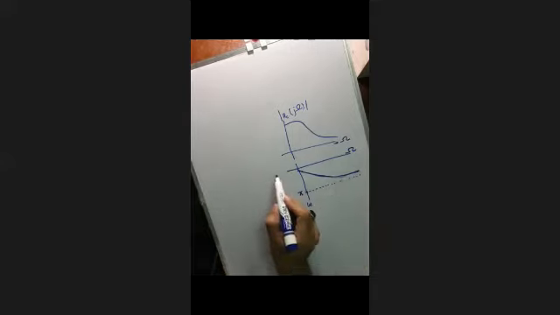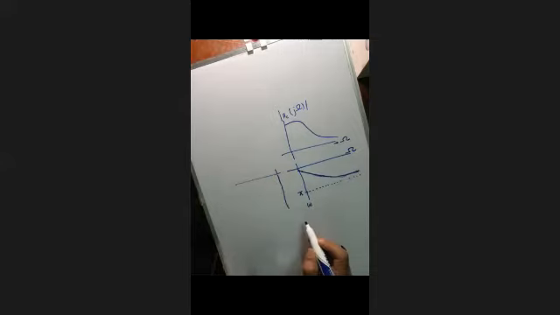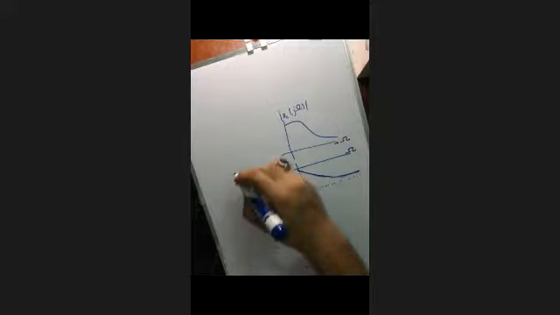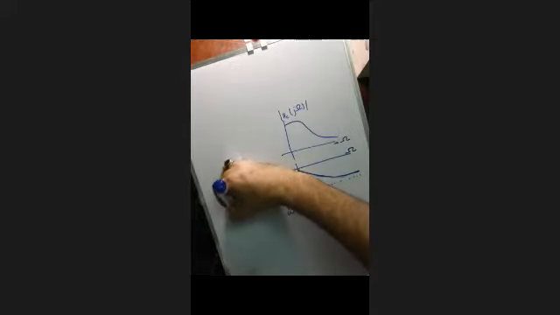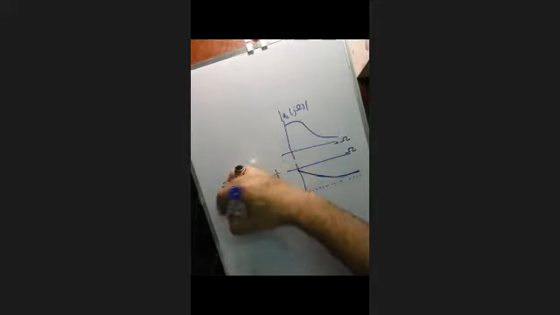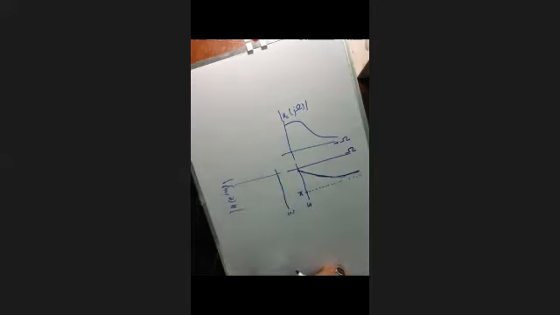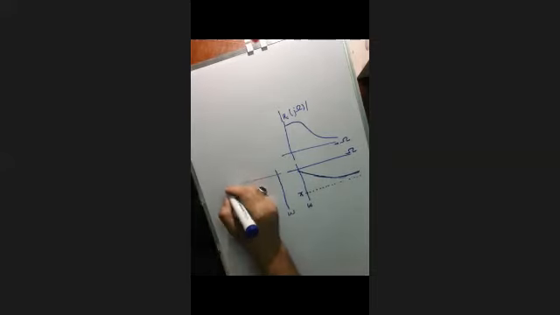Now this function has to be mapped, and the new signal that we will get will be He of j omega mod. So this He of j omega mod, let me write it like this instead of this.